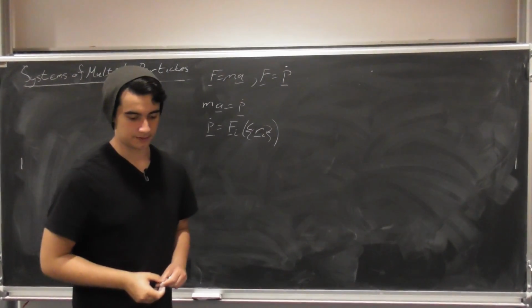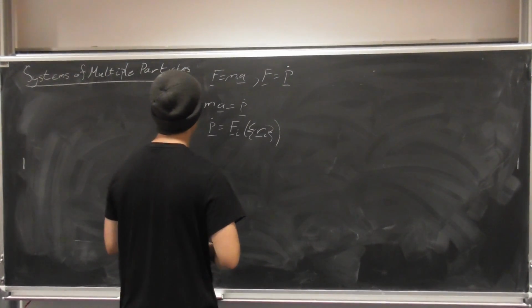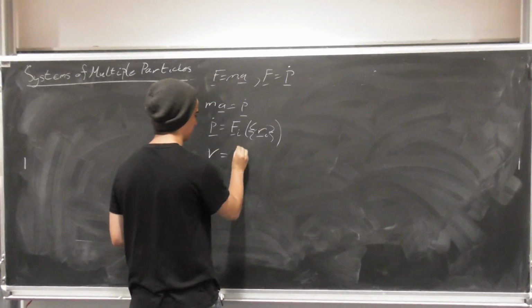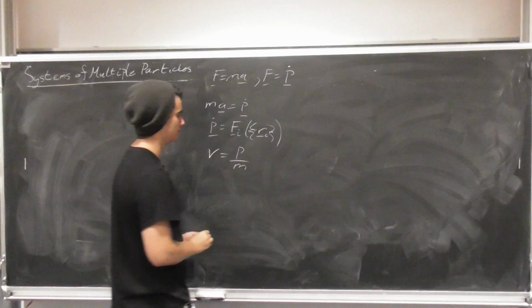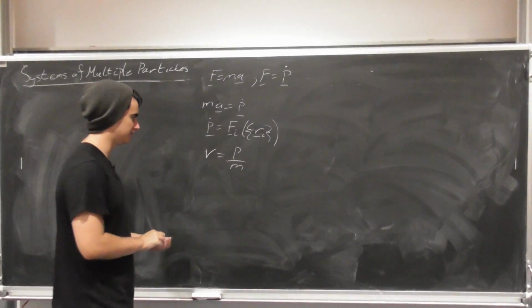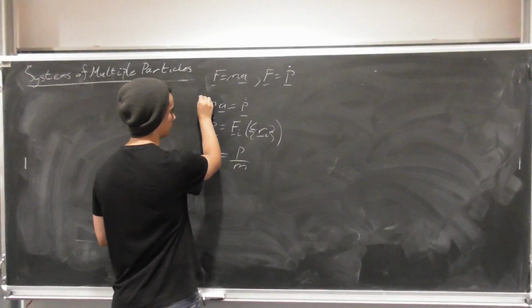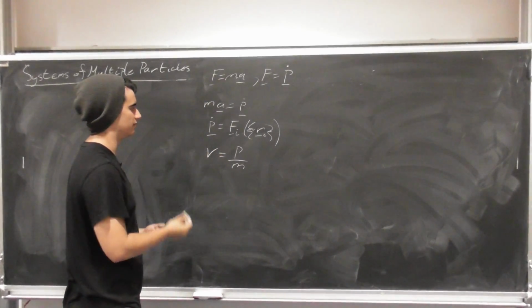And finally, the velocity itself is the momentum over the mass of a particle. With these equations, we can rewrite how we define the phase space.